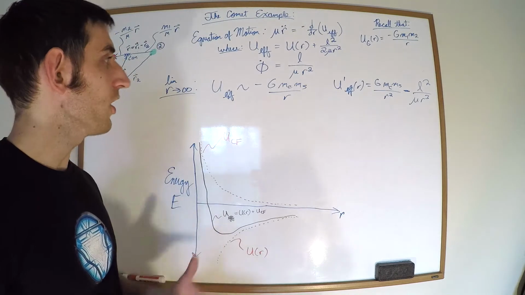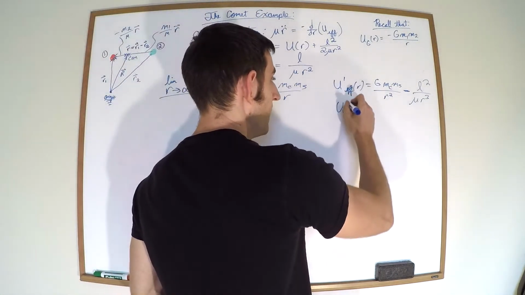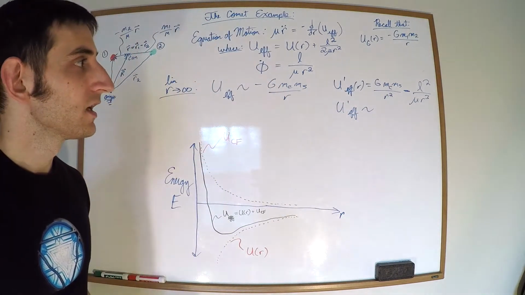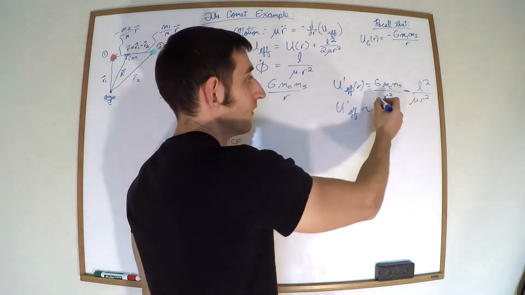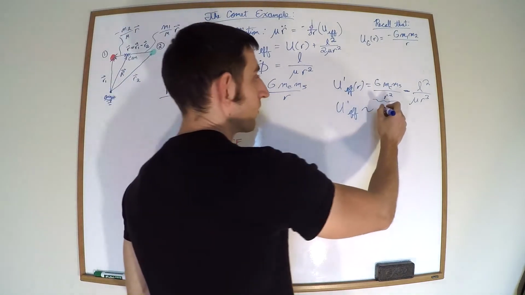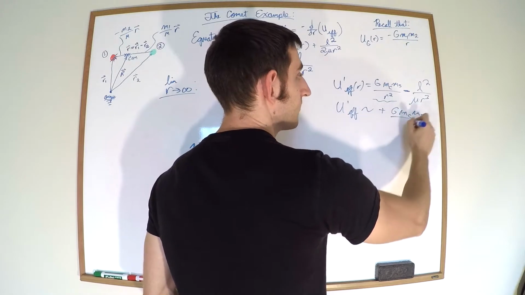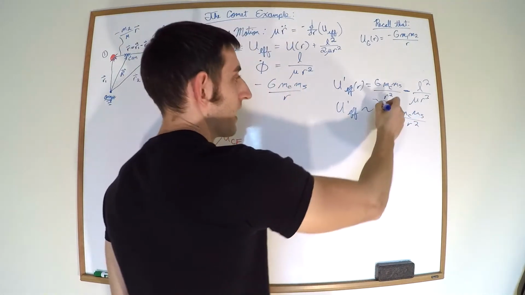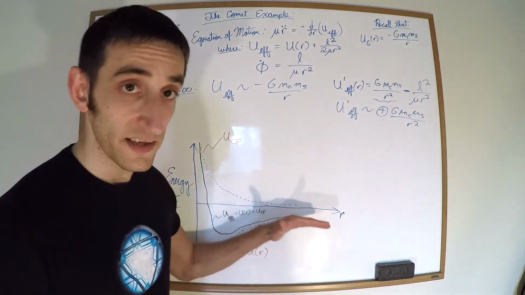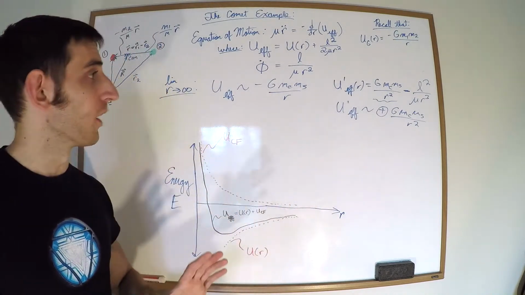Now, as r approaches infinity, what we're going to find is that this guy is approximately equal to this guy. So it's going to be a positive G Mc Ms over r squared. That means the plot is sloping up, which we see as such. And if we step back a bit, I want to explain this a bit more.